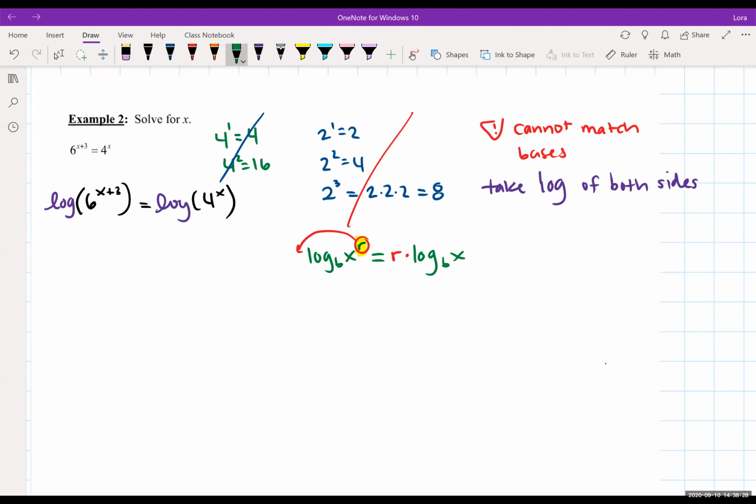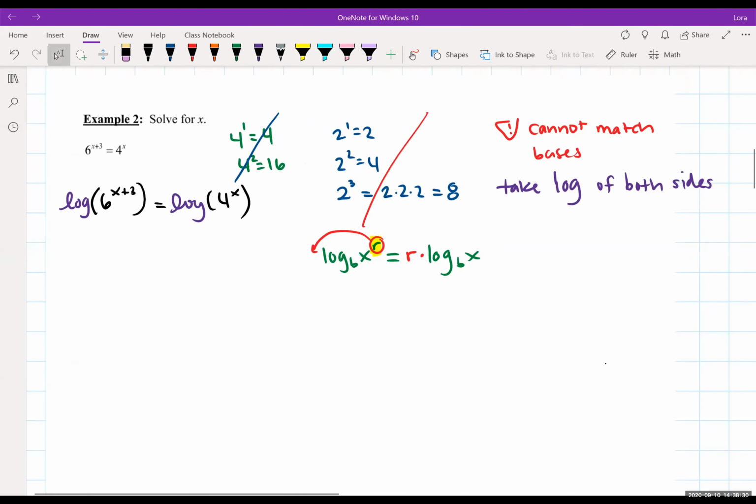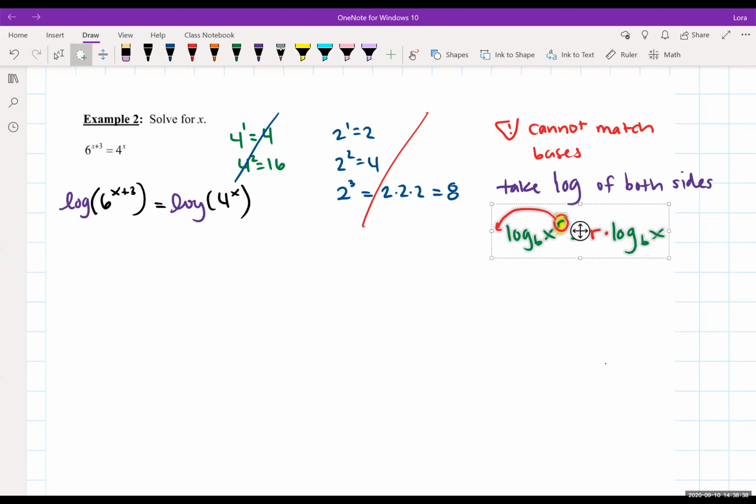I'll move this over here, it's starting to get in my way. Remember, whenever you take the log of both sides, these two properties go hand in hand. At this point, I'll use a highlighter to show you.